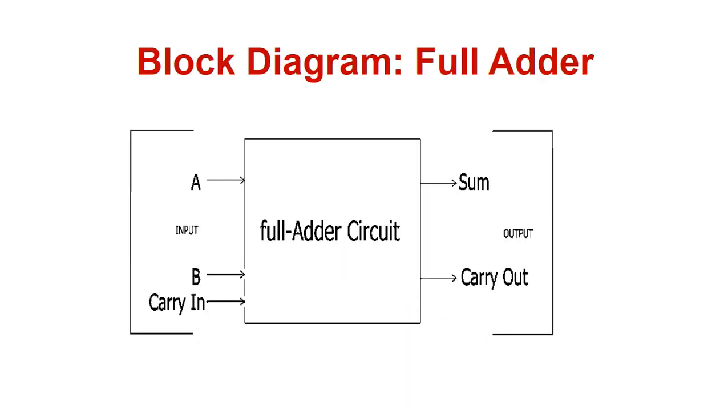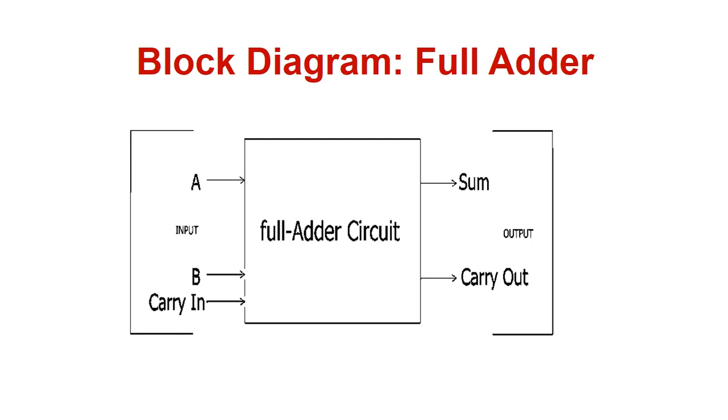This is the block diagram of the full adder. As you can see, compared to the half adder, the full adder requires three inputs. In addition to the A and B, there is one more input to this full adder, that we call the carry in. This carry in is the input from the previous addition.